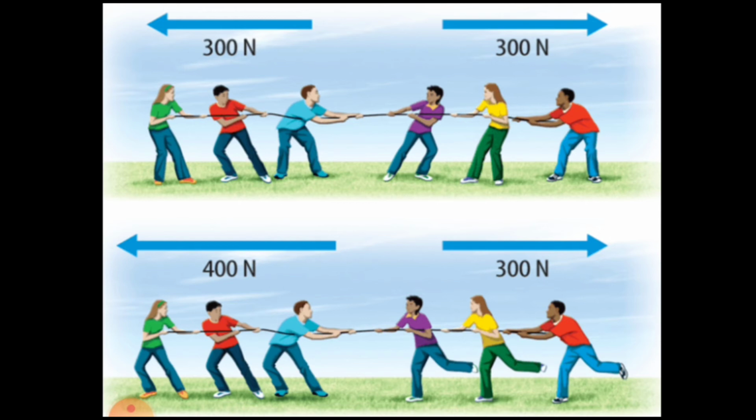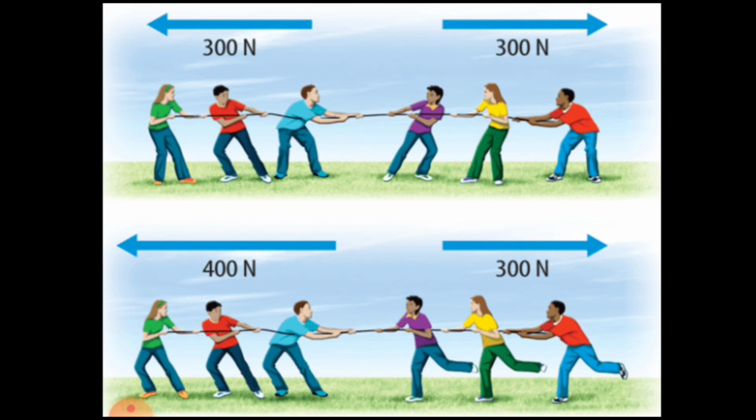But what about the second case? In the second case, left side people are applying 400 Newton force and the other side is applying 300 Newton force. What will happen? To which direction will the rope be moving?